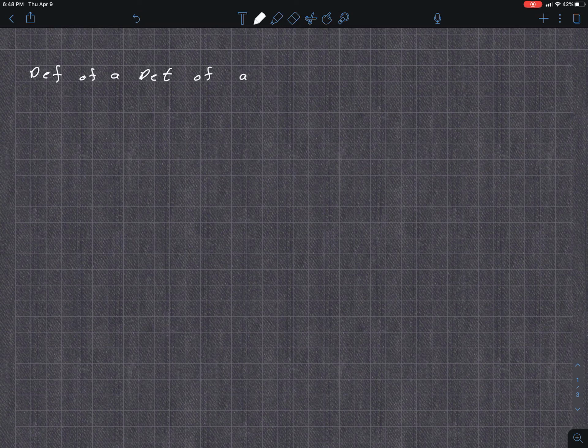Let's go ahead and do the definition then. So the definition of a determinant of a square matrix.